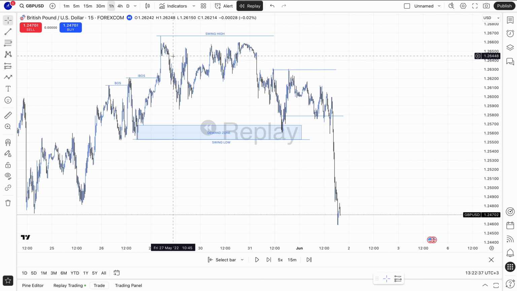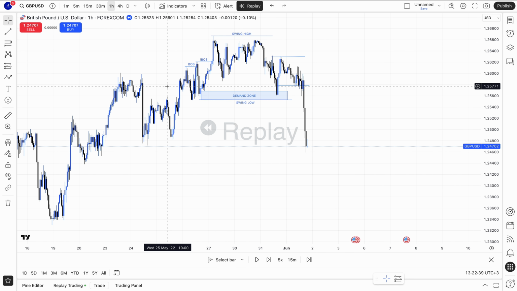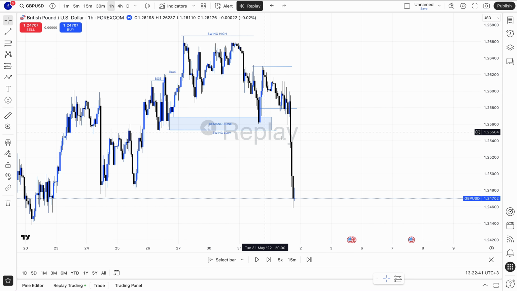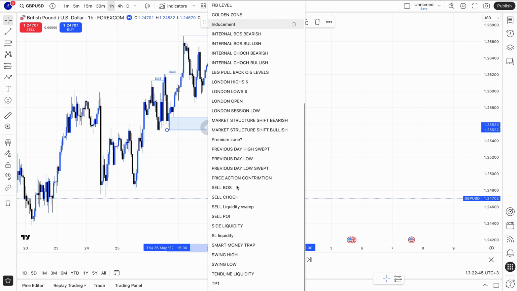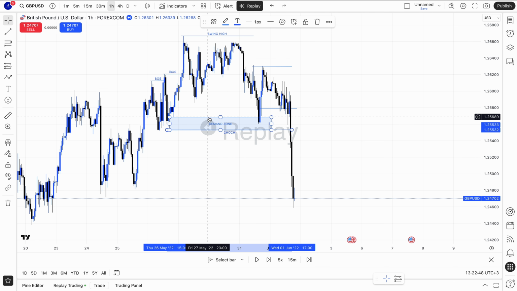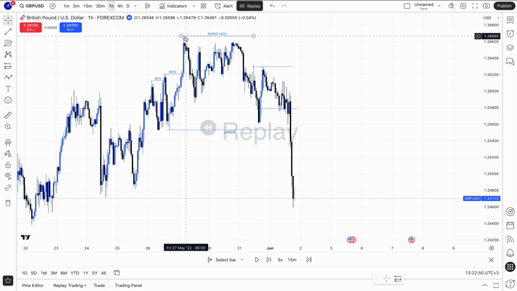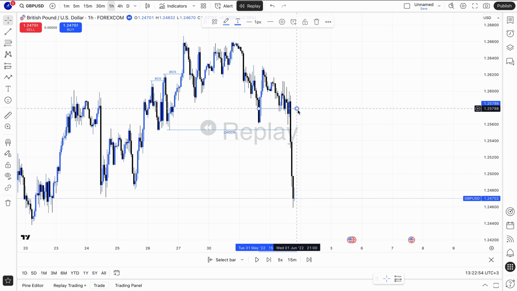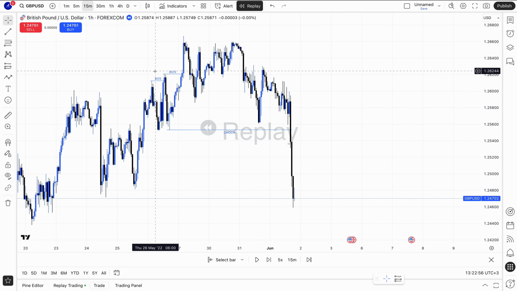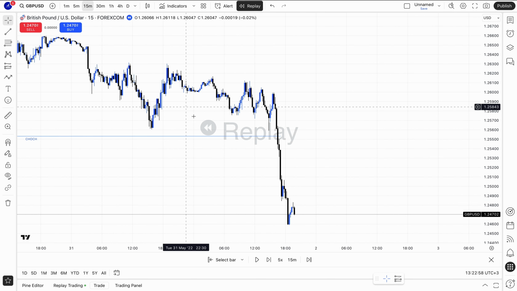So we go to 30 again, we get our break of structure, change of character to the downside. Go to 15 minutes for our external structure.